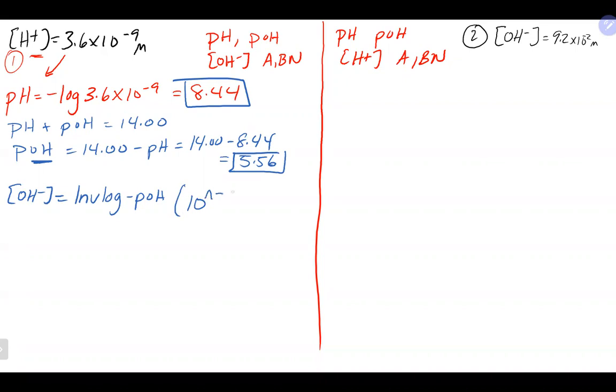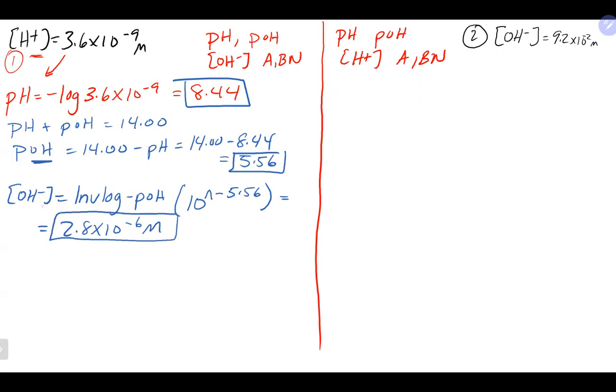You want to hit the negative 5.56 and hit equals. If you do that, you will end up with 2.8 times 10 to the minus 6 molar.